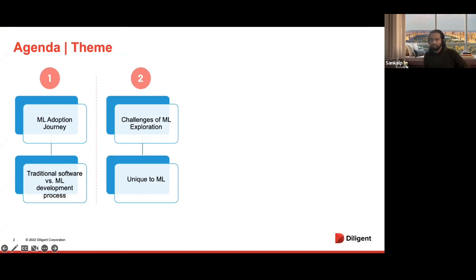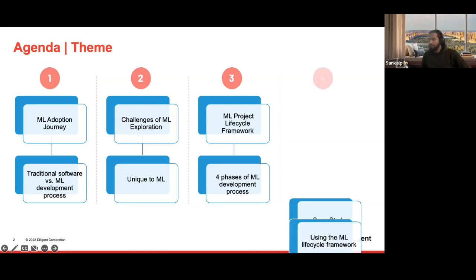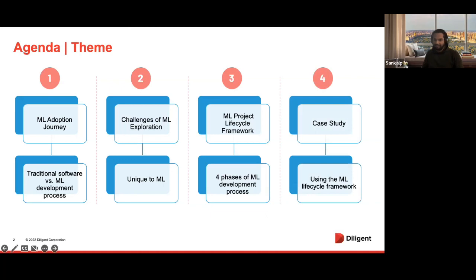Some of the challenges are very unique to ML, and we'll go over that. Then we'll specifically talk about the core of today's presentation, which is the lifecycle framework. We'll look at the different phases or milestones that make up this framework. And finally, we'll also look at a case study wherein we will see how to use this lifecycle framework in action.